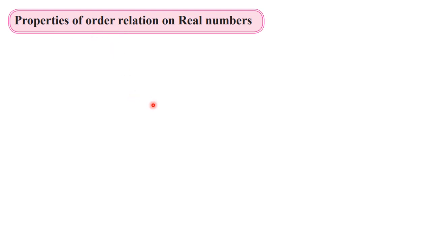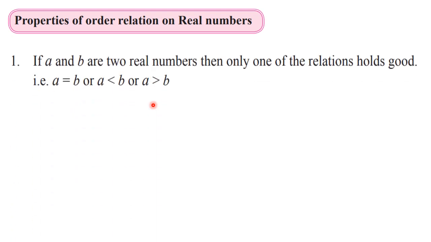So here we are going to think of two numbers or three numbers and how the order relation exists there. The very first thing is that if we have two real numbers, now we are not talking about rational numbers or irrational numbers. Their properties separately we have discussed, and as I have said, rational and irrational together are called real numbers.